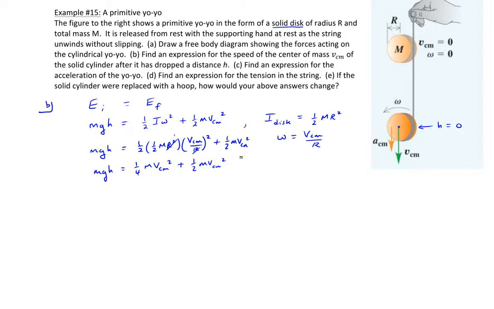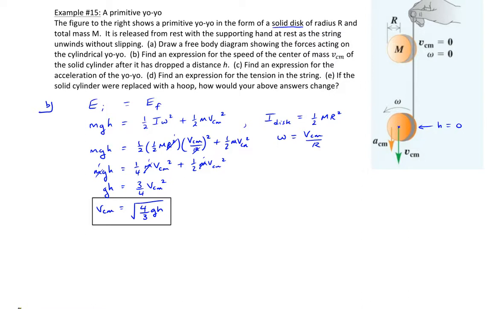By the way, if you notice, there's an m in every term. So not only can we cancel out the radius, again, the masses cancel out, so it's independent of the mass. So we get gh equals 1/4 plus 1/2, which is really 3/4 v center mass squared. So the velocity of the center mass is really equal to the root of 4/3 gh. So that's the answer for part B.